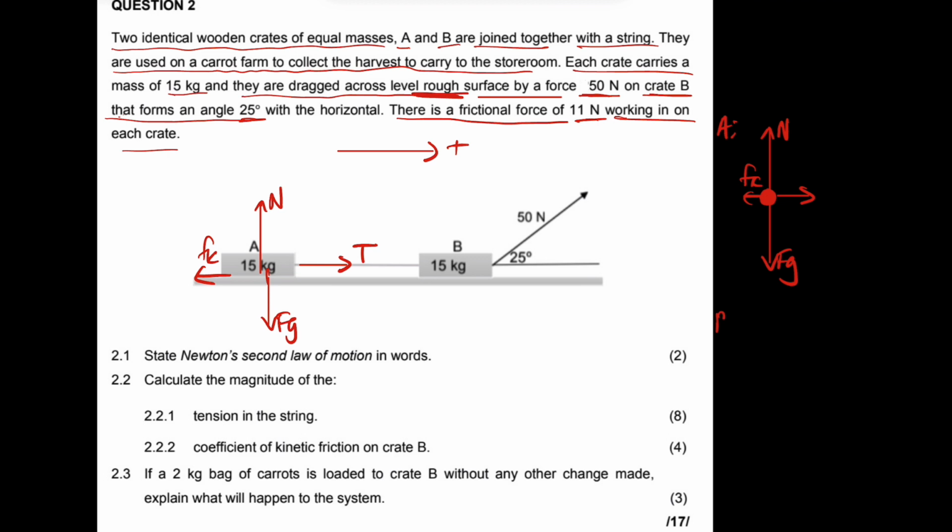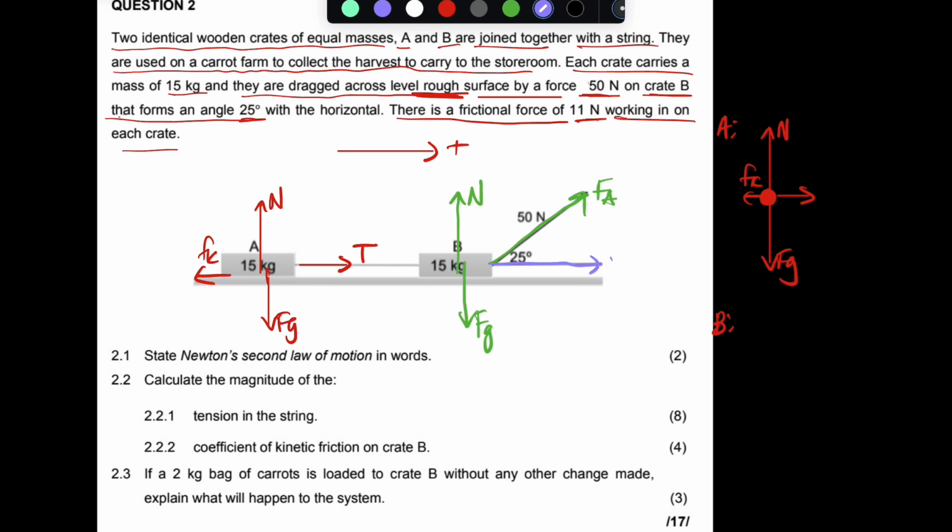And then for B, let's look at the forces. The forces acting on B are the normal force, gravitational force, and the applied force. Of course, it has components, there will be Fx and Fy. Then there's a tension force T, and the frictional force in that direction.